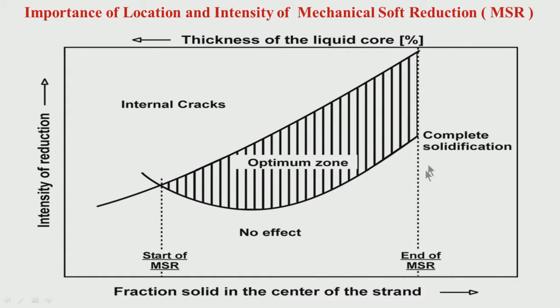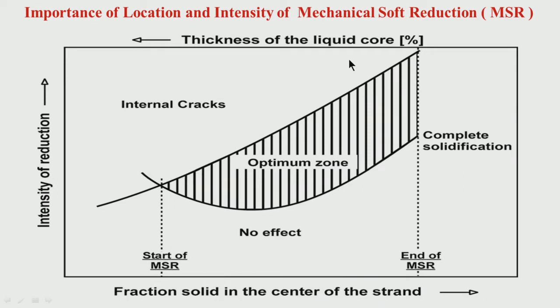What is important is using the optimum zone. Optimum zone means first the location of the mechanical soft reduction area, where you put it, and how much pressure you put. Both are important, the location and the intensity of soft reduction. It has to be adequate. If it is less, it will not have any effect. If it is more than the required amount, you may have internal cracks, which is again not desirable.